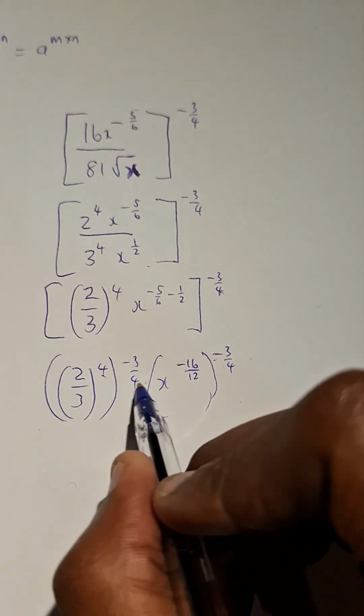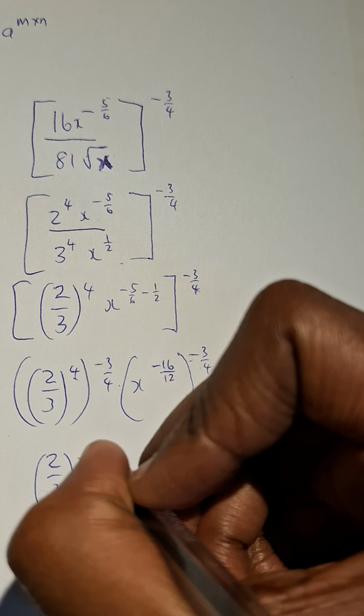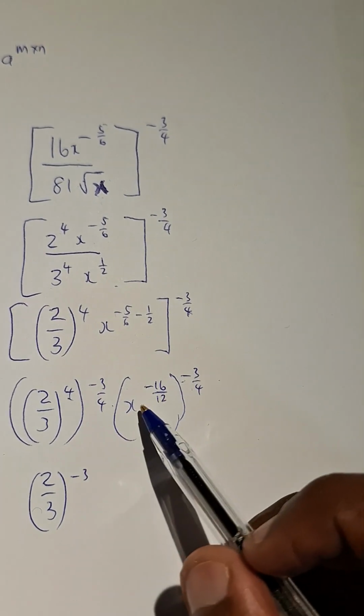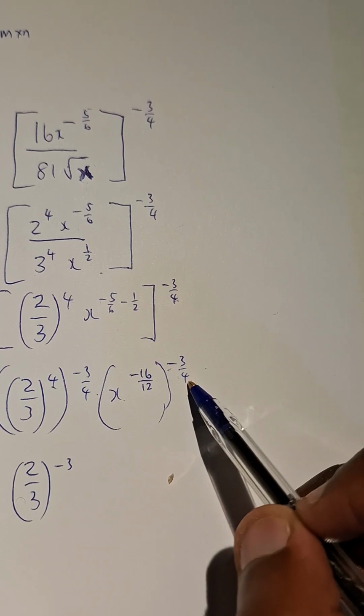So then 4 times negative 3 over 4 gives us 2 over 3 raised to the power negative 3, and then x to the power negative 16 over 12 times negative 3 over 4.